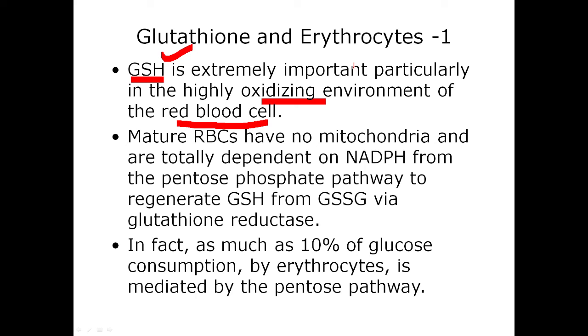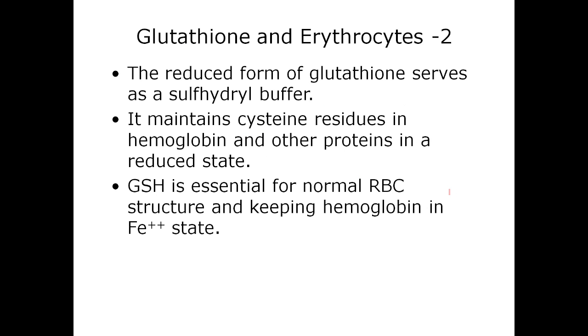So basically RBCs don't have mitochondria, so if they want NADPH, they are totally dependent on the pentose phosphate pathway for conversion of GSSG to GSH. In fact, as much as 10% of the glucose consumption by RBC is mediated by the pentose phosphate pathway.